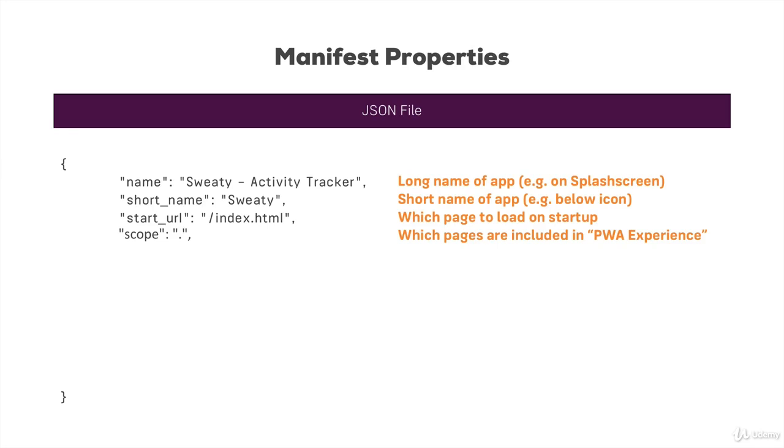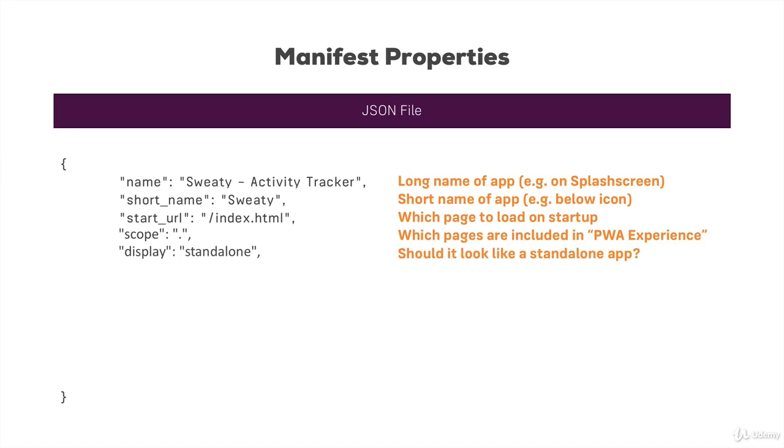So if we specify a certain icon we want to use, the browser will only use that for the pages which are part of the scope and not for the other ones. It's pretty common to set the scope to the full page though, but theoretically you could limit it to a certain part of your application, so that only a part of your application is the progressive web application in the end.